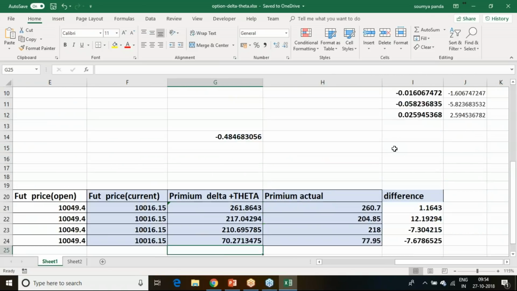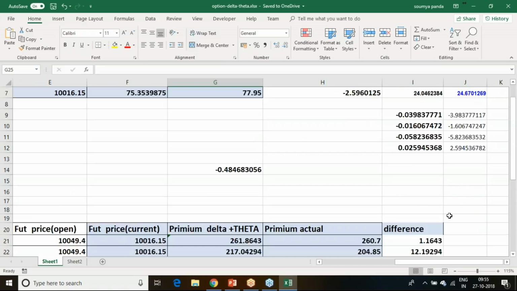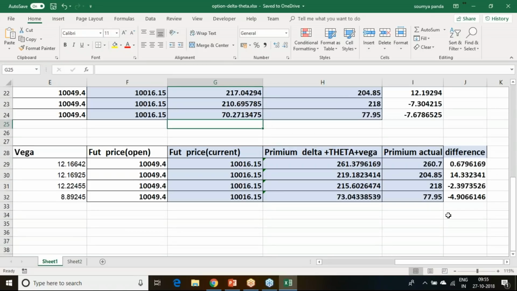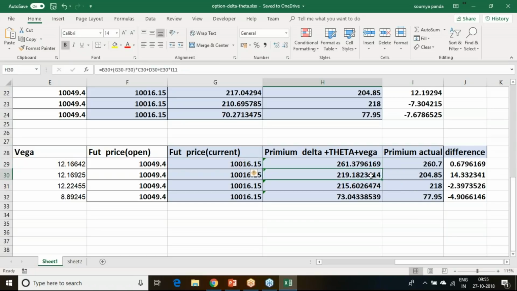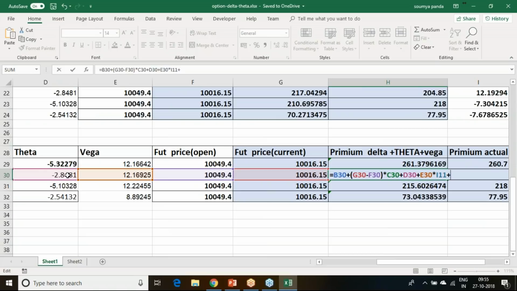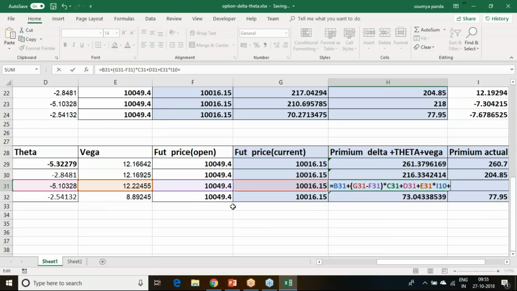Now these things have given the IV fall, and one has given an IV rise. So here too we have to take the theta twice. This theta needs to be taken, and this theta needs to be taken.